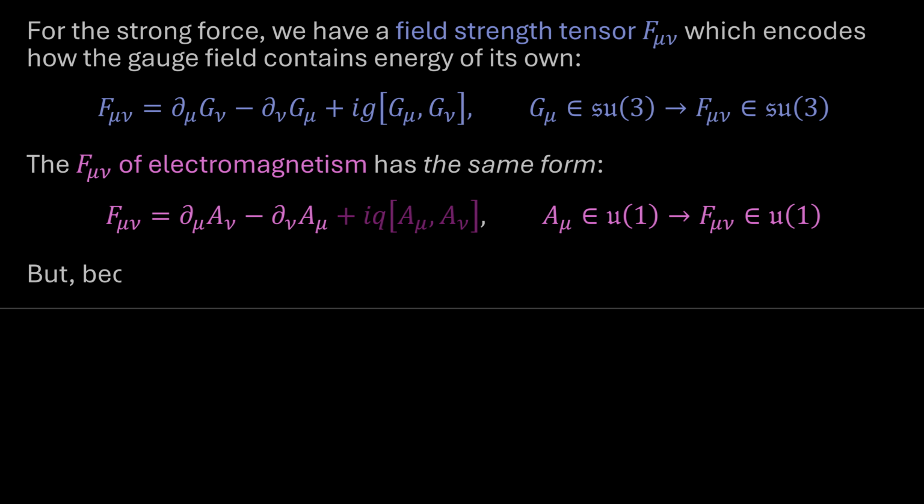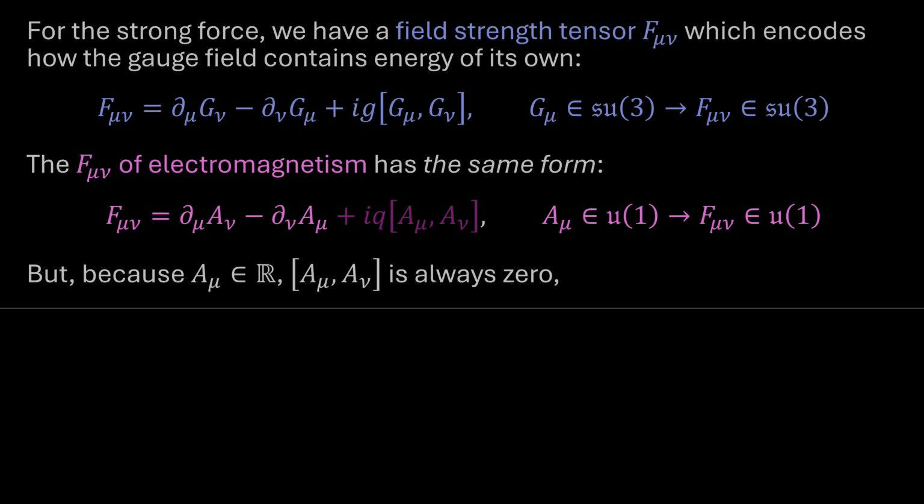Now, of course, in electromagnetism, because the components of the photon field are real valued, the commutator of A mu and A nu, which remember is just A mu times A nu minus A nu times A mu, is always going to be 0 because real numbers commute. And so that commutator term, you can imagine it being there, but it can never be anything because the components of the photon field commute.